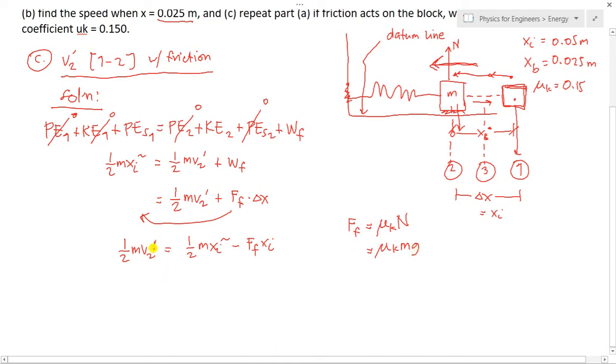Substituting that in our equation, we can multiply directly by 2 over m, so that it will make v2 prime squared.